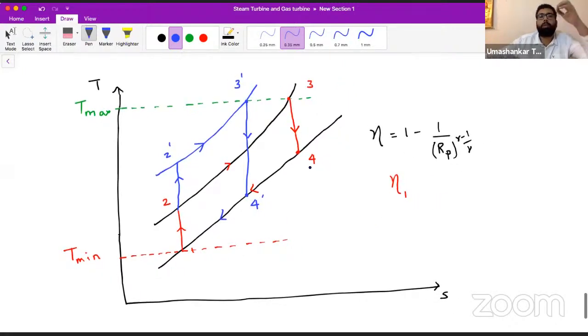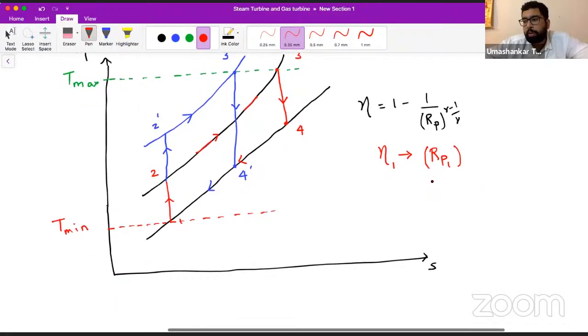If you make a little comparison between these two cycles, when we were talking about our first cycle, the red pen cycle, the efficiency is N1 and the pressure ratio is RP1.